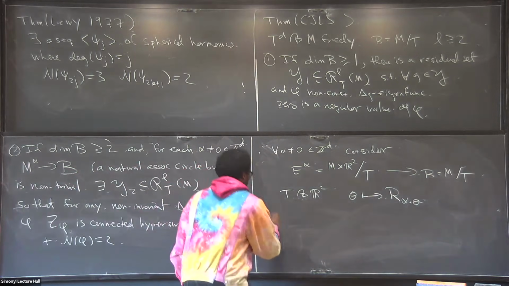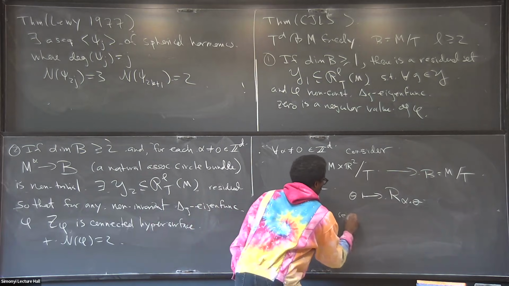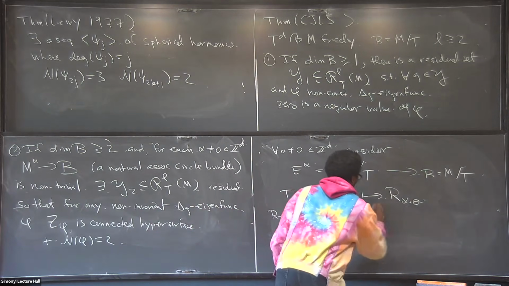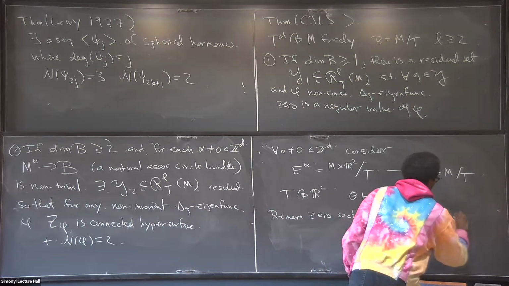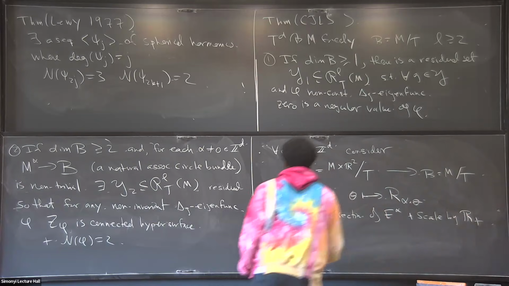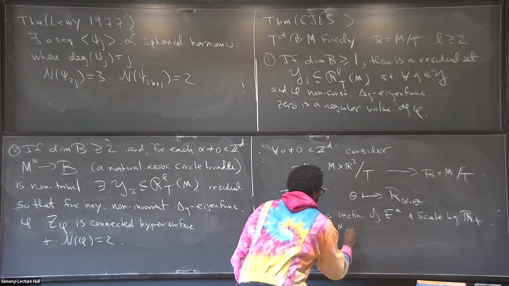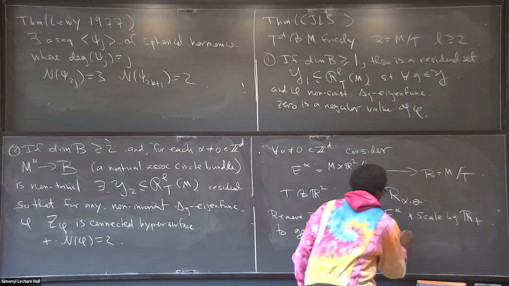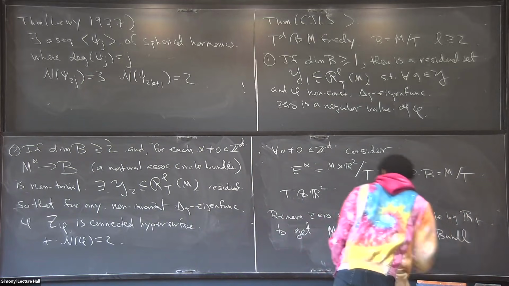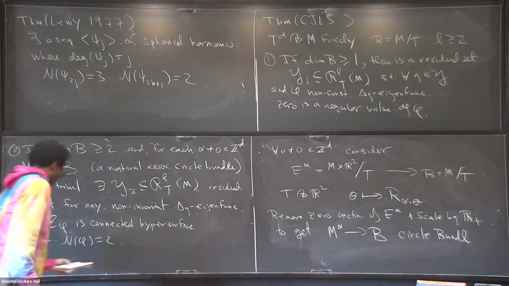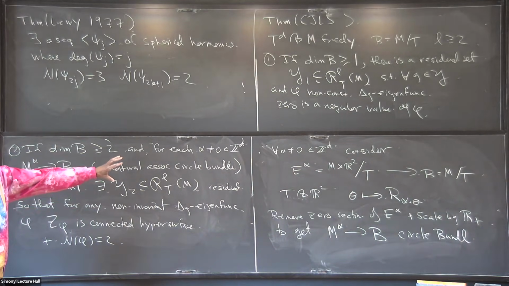So let's remove the zero section of E alpha and scale by R plus to get a circle bundle.